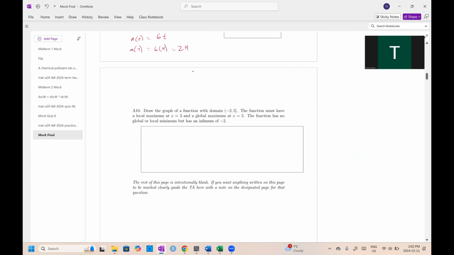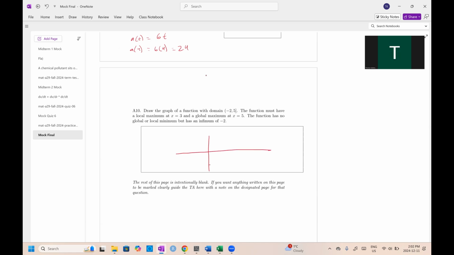Finally, we're asked to draw a graph of a function with domain minus 2 to 5. The function must have a local maximum at 3 and a global maximum at 5. The function has no global or local minimum, but has an infimum of minus 2. So here, I'm going to draw a graph.